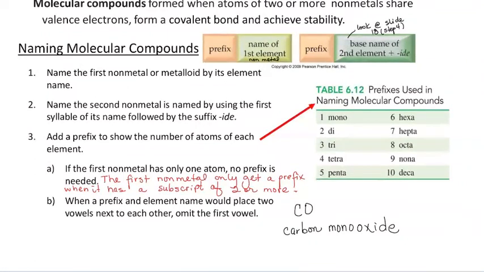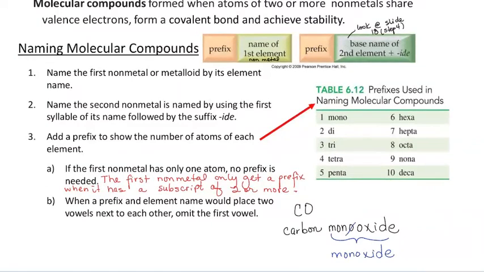For the oxides, we are going to delete this O and make this one word: monoxide. This happens when you have oxide and there's 4, like tetroxide, pentoxide. So if you have oxide as your second nonmetal, you need to be aware of this.